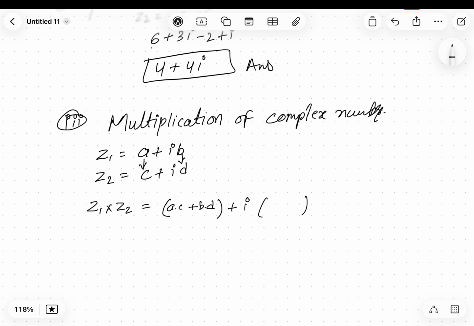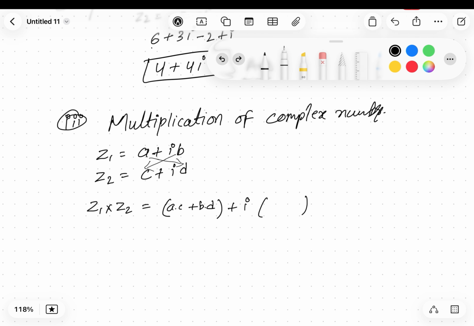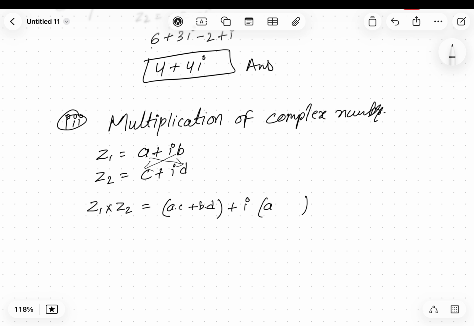Now we will do the cross. So a into d, ad, plus b into c, bc.